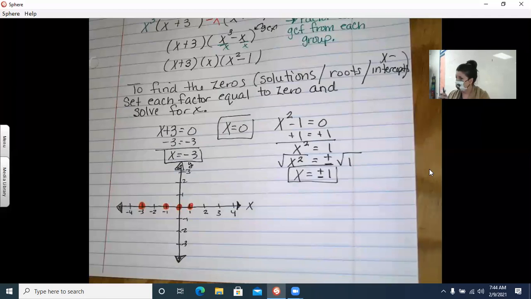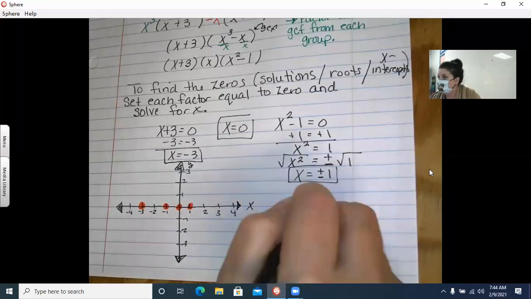But if you were here and you were paying attention, to find end behavior, you look at your polynomial when it's in standard form and look at the very first term. Our problem was given to us in standard form, and the very first term was x to the 4th, right?